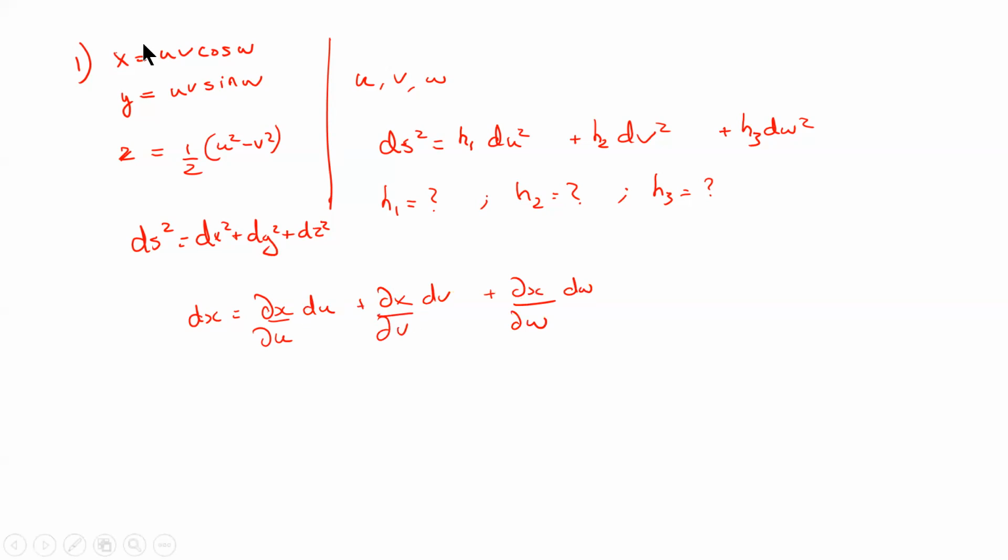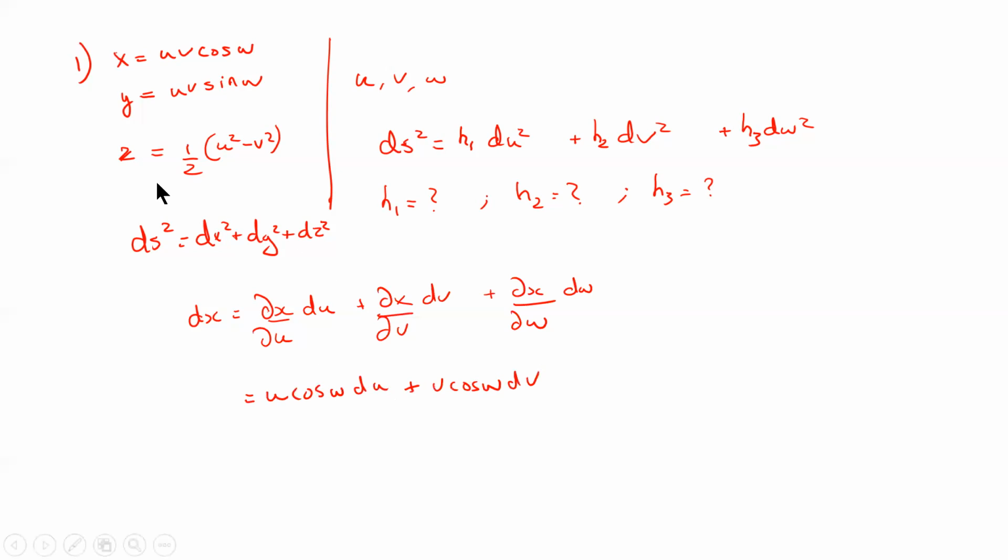The differentiation of this quantity partially with respect to u is nothing but v cos w multiplied by du, and the differentiation of x again partially with respect to v is nothing but u cos w multiplied by dv.